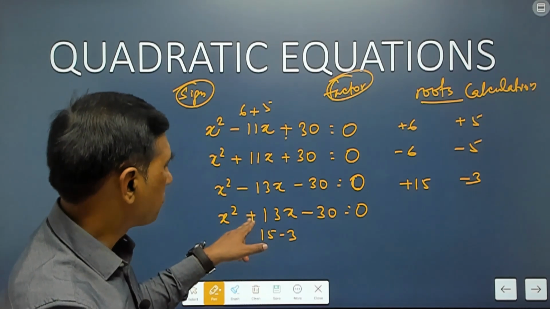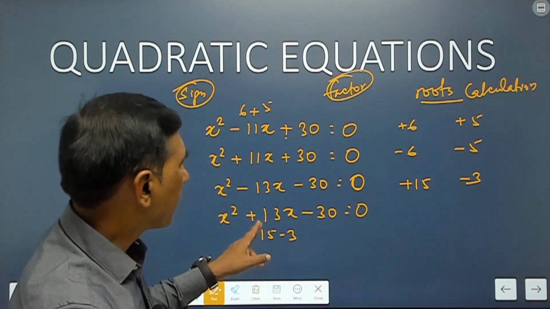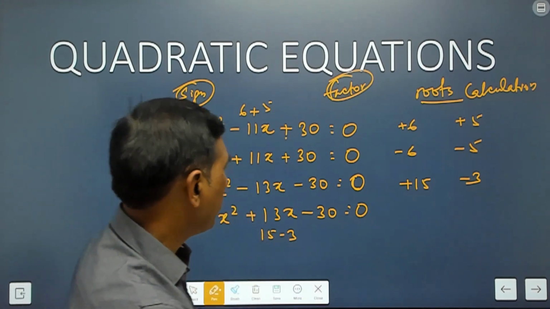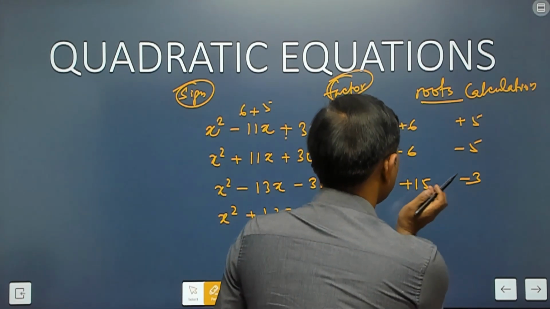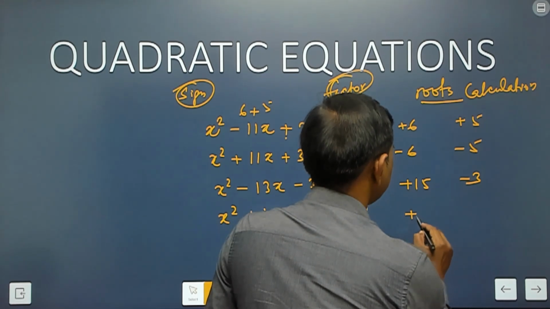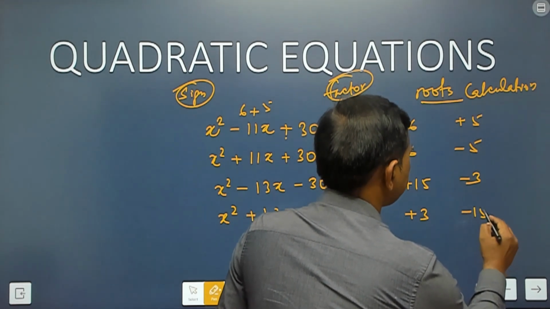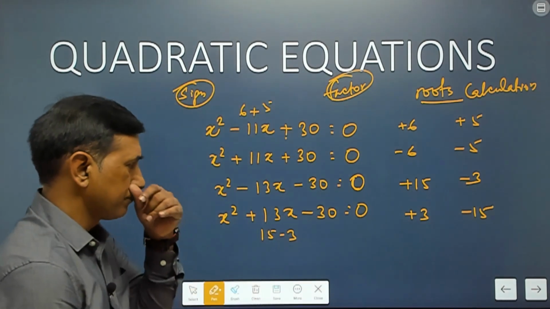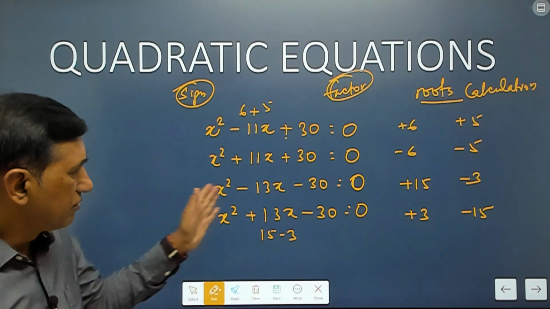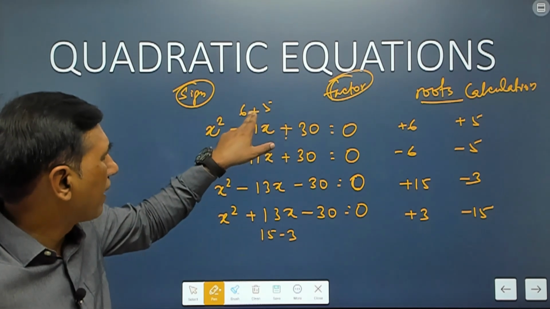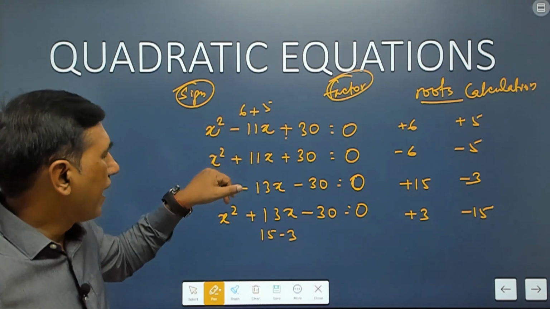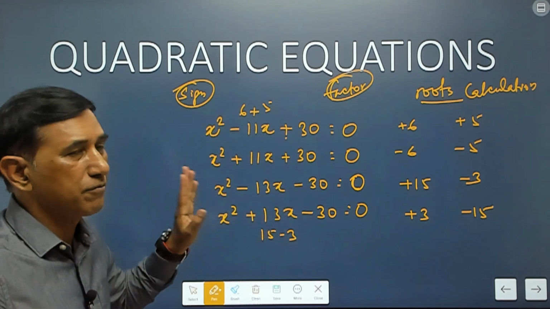Here, since it is plus, the bigger root will be negative, so this will be minus 15, sorry, plus 3 and minus 15. So this is the way you have to factorize. If it is plus, then you have to add. If you have minus here, then you have to subtract.